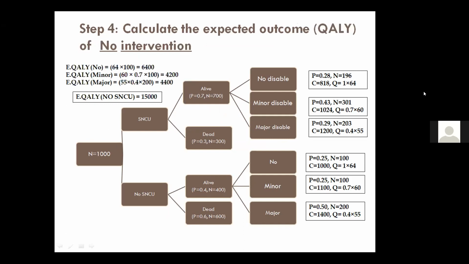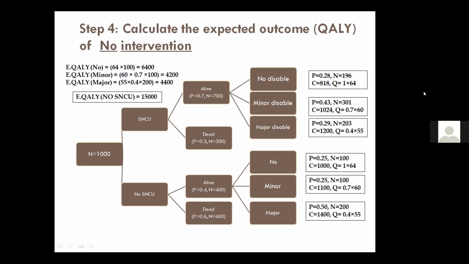Now the effect part. QALY. Again, no intervention and intervention. So no intervention, go to bottom. And for QALY, you need to have the utility value. If you remember, the utility value is given like this: if a child has no disability, utility value is equal to 1.